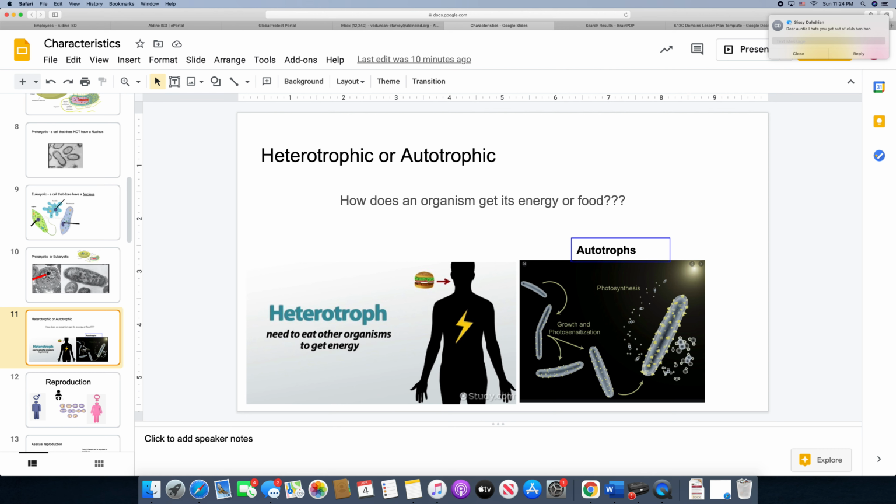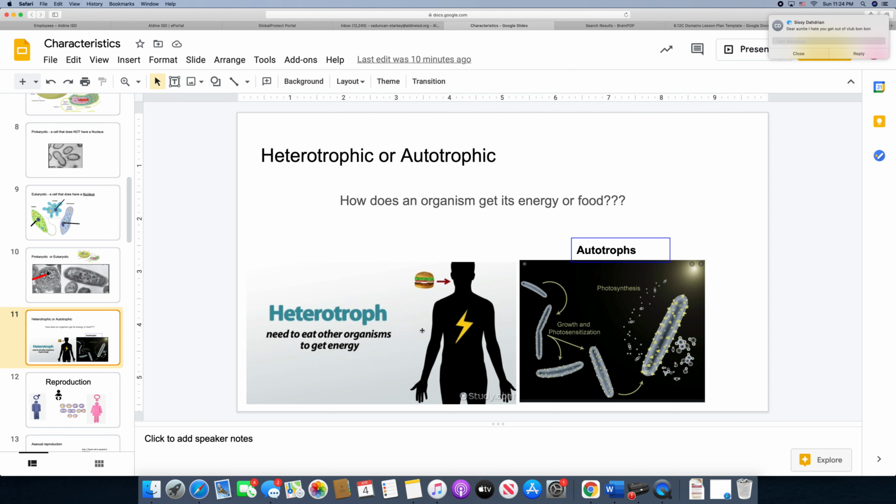Heterotrophs or autotrophs. How does an organism get its food or energy? So here you can see heterotrophs, they need to eat other organisms to get their energy. So they have to eat it or absorb it or put it in their body for them to get that energy.